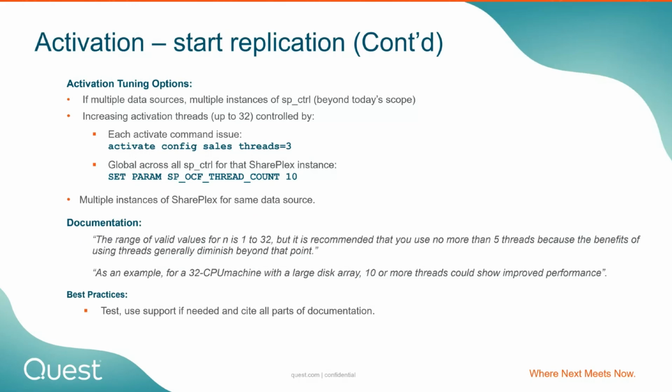So you can multi-thread this. By default, the activation threads is 3. Now, you can vary that. It can go up to 32. You can either specify an individual value in a given activation. So I'm activating now. I'm going to say use these number of threads.